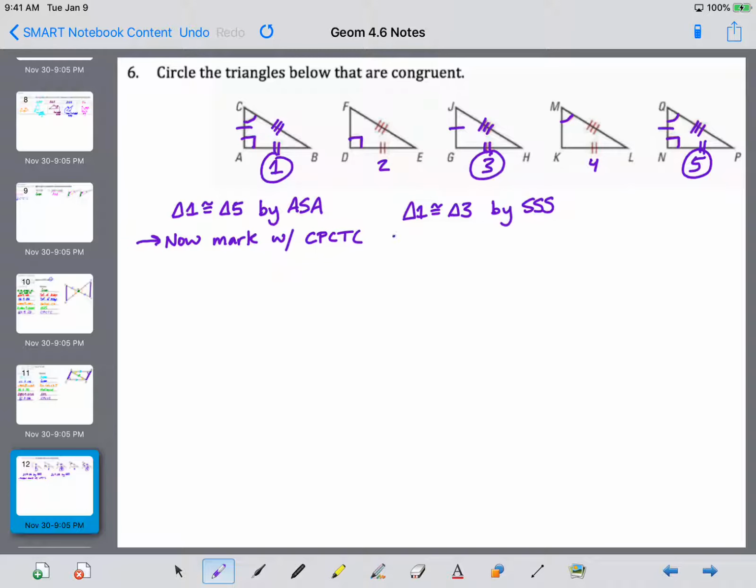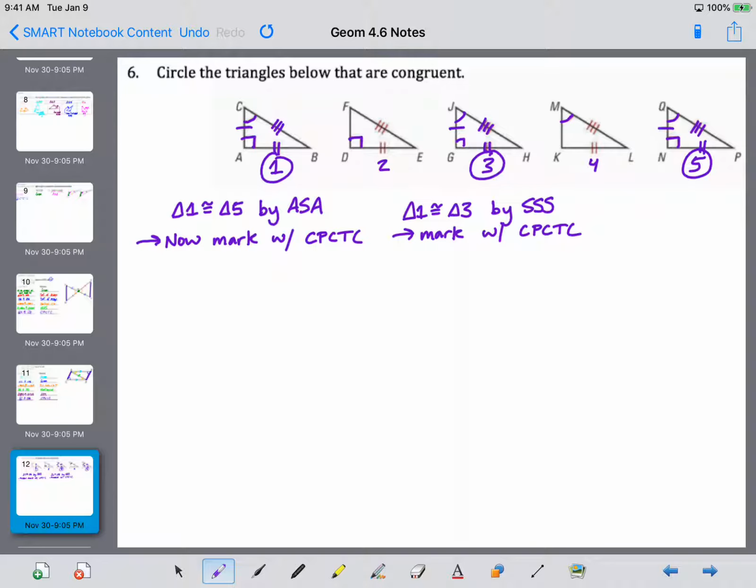All right, and again, I can mark with corresponding parts of congruent triangles are congruent. Okay, so let's see. 1 and 3 are the same, so that means 3 also has to have that angle and that right angle there. I think that's all that we can really say so far.